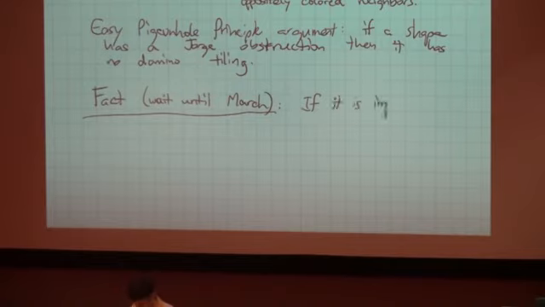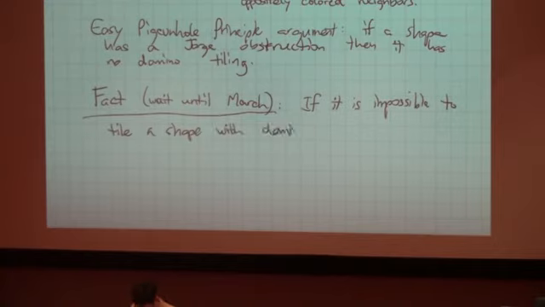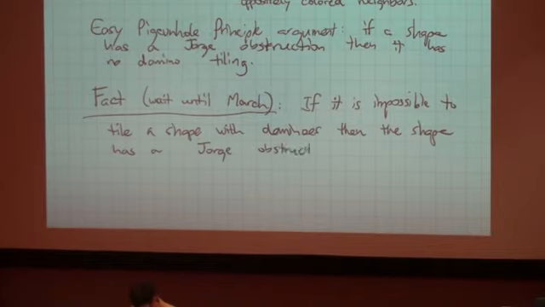If it is impossible to tile a shape with dominoes, then the shape has a Jorge obstruction. Furthermore, there's an efficient algorithm that either finds a domino tiling or a Jorge obstruction.